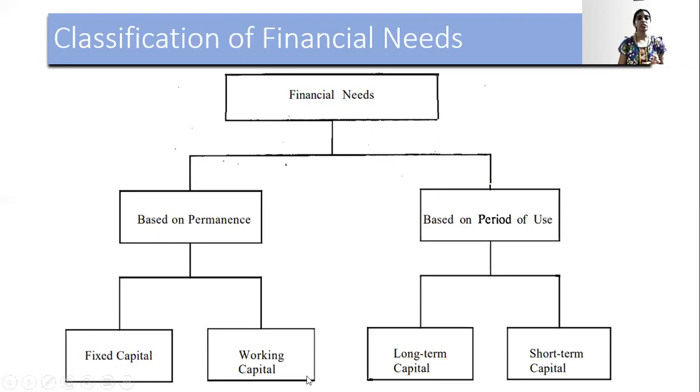Now the second one is your working capital. What do you mean by working? Working means you are working on something. So what is the company doing? They are doing day-to-day production activity, and related to production they need to do some kind of day-to-day expenditure.